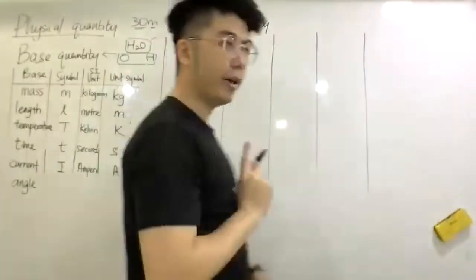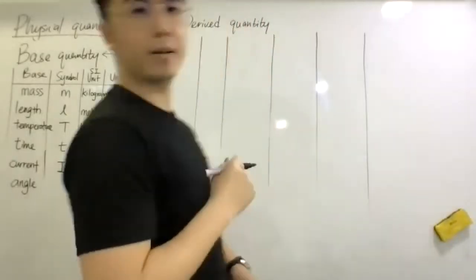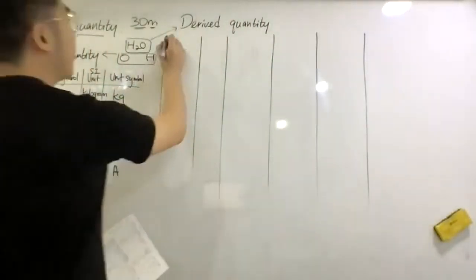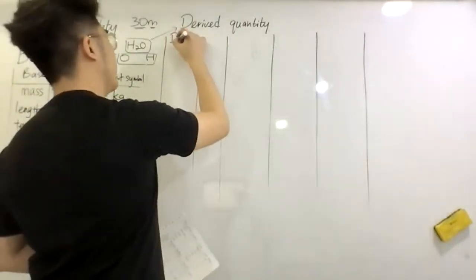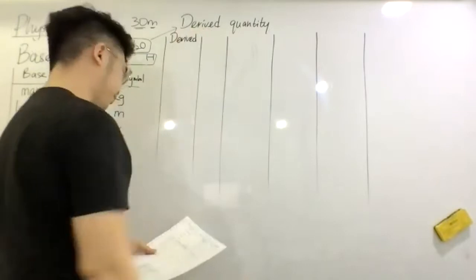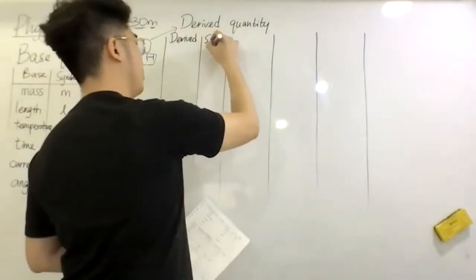I know the books already got it, and your textbook already got all this, but here we are doing something different. So let's do derived quantity. This is the symbol.